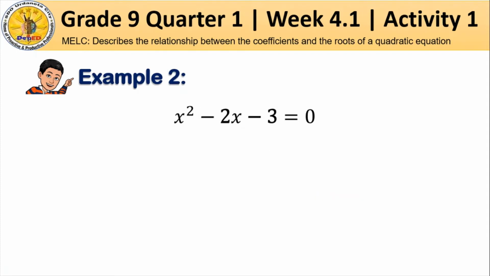Next example. X squared minus 2x minus 3 is equal to 0. Let us identify the value of a, b, and c. A is equal to 1, b is equal to negative 2, and c is equal to negative 3.